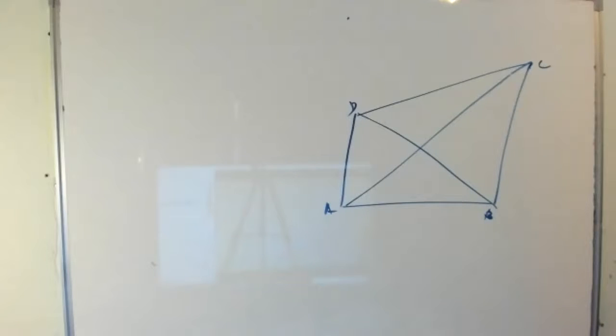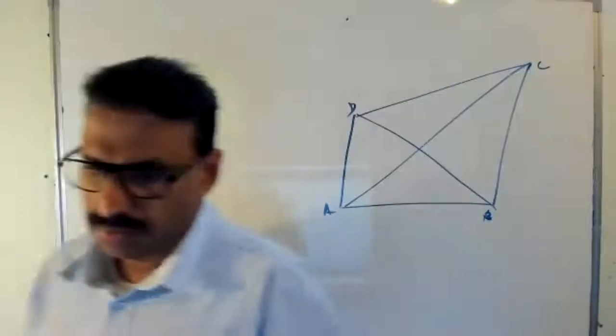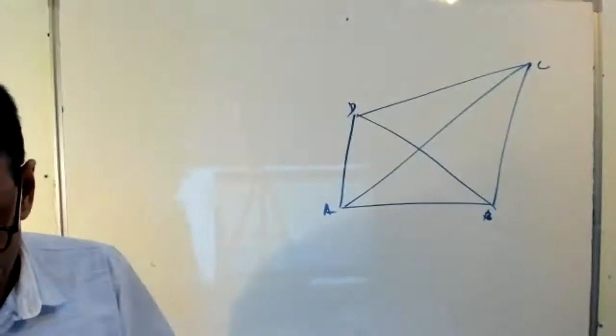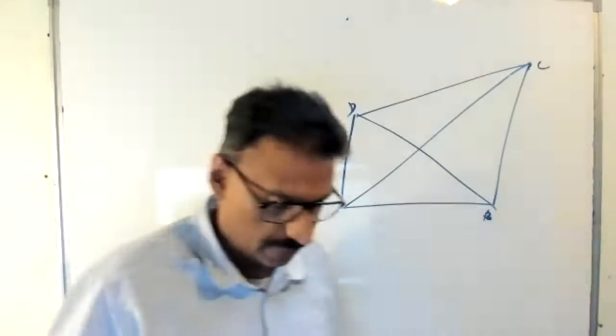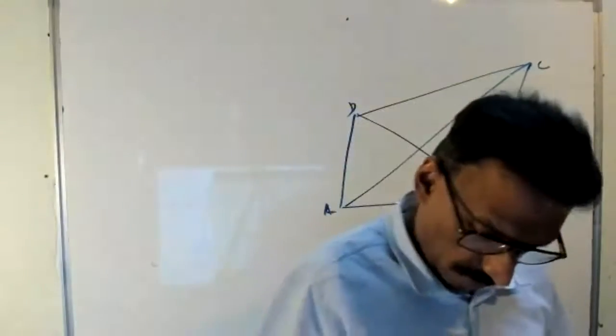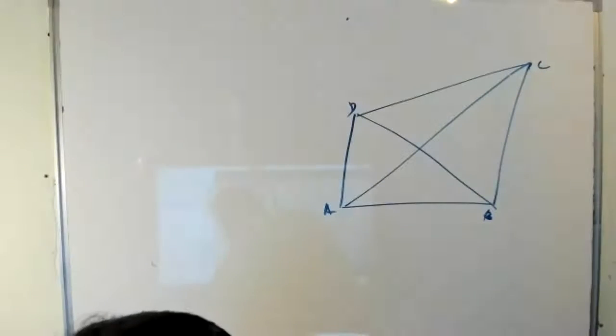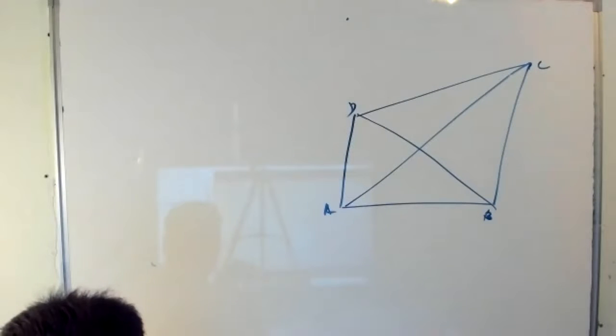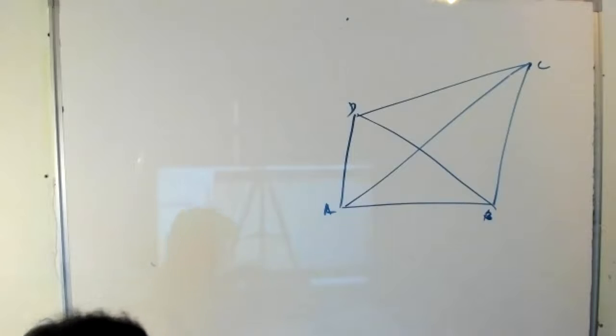So can you repeat? AC and BD are called diagonals. Then, next one, adjacent sides.